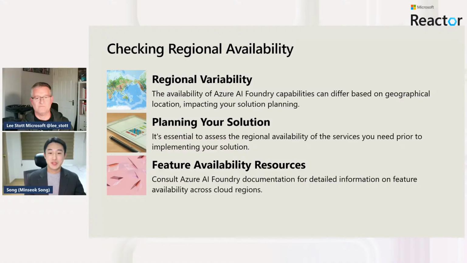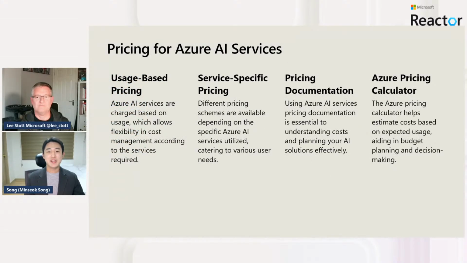Before we wrap up this section, let's briefly touch on pricing for Azure AI services. First, these services are usage-based, which means you only pay for what you use. That gives you great flexibility to manage your cost based on your actual consumption. There's also service-specific pricing. Some services might change based on the number of transactions, others by the compute used.